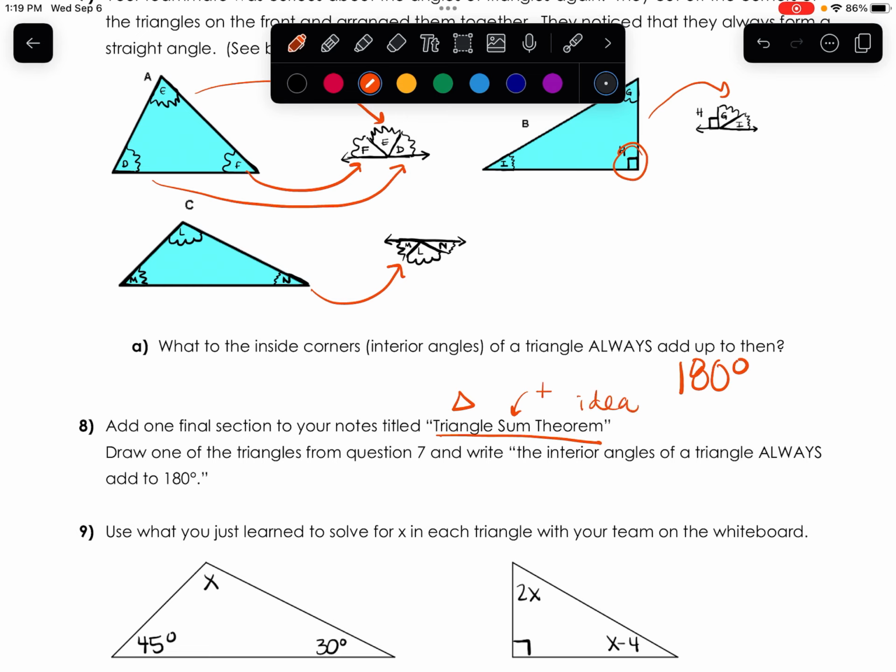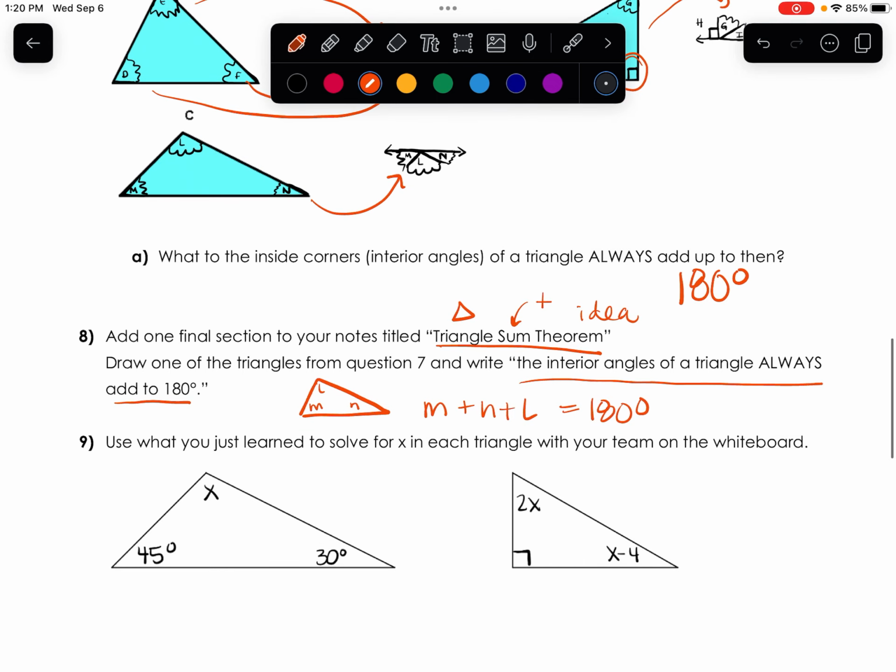And we're going to write down that the interior angles of a triangle always add up to 180 degrees. And if you want to go ahead and add a little picture, I'm just taking that last triangle. I know that angle M plus N plus L will equal 180. So pause and get that jotted down.